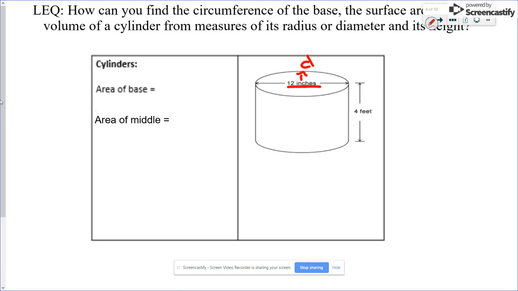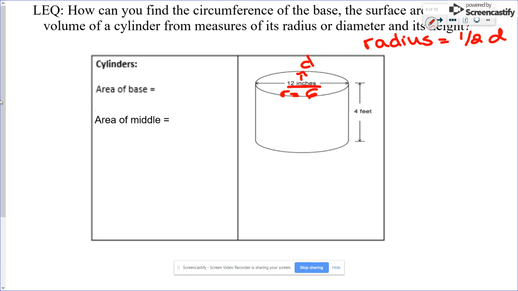Our relationship between radius and diameter is radius is half our diameter. So to find the radius, we just cut 12 in half and we get 6. Now we have all the pieces we need to find the area of our cylinder.